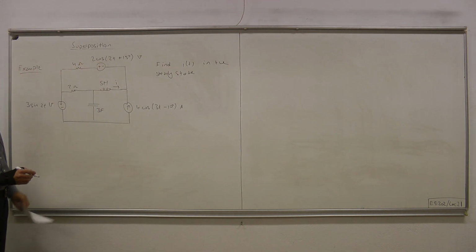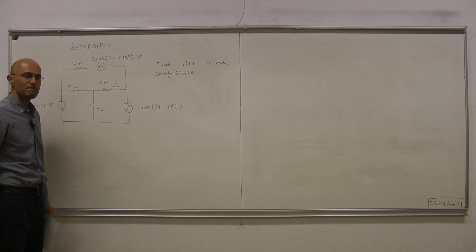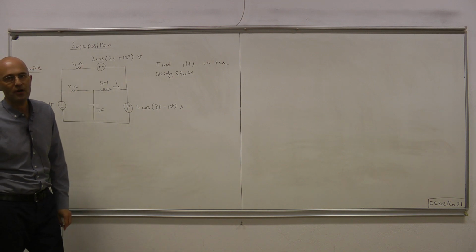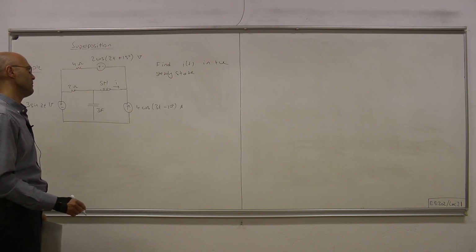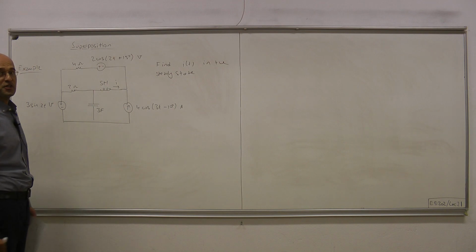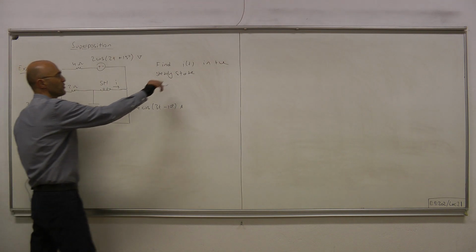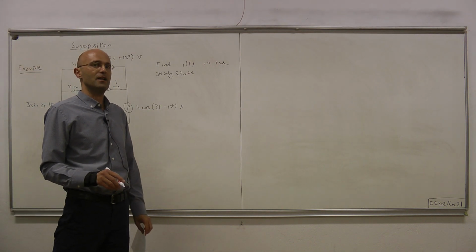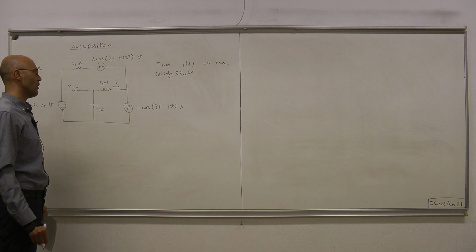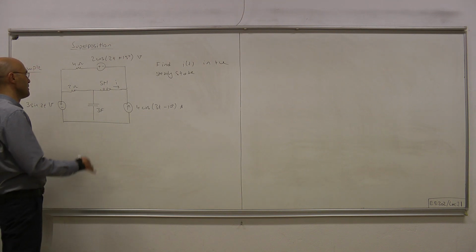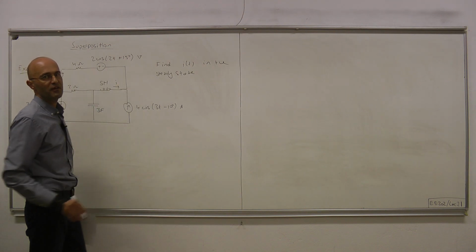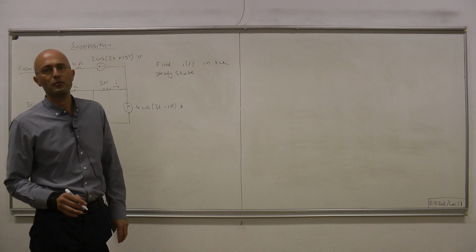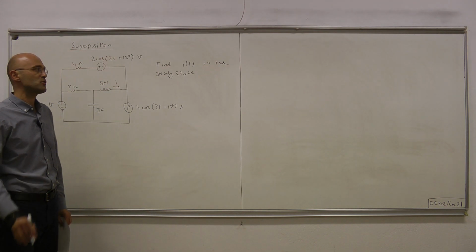So the circuit is LTI. The sources, or the inputs, are sinusoidal. Therefore, it seems reasonable to solve the problem using phasor domain analysis that we have been talking about for a while. So what we do is take the circuit, obtain the phasor domain circuit, and then do what we usually do with phasor domain circuits.